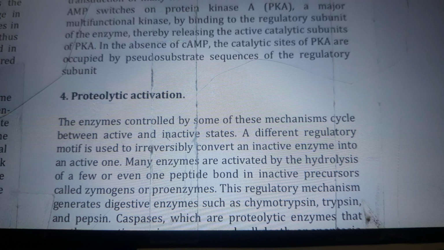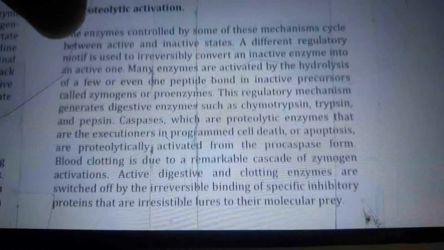Cyclic AMP switches on protein kinase A, PKA, a multifunctional kinase, by binding to the regulatory subunit of the enzyme. The active catalytic subunits of PKA are then released. In the absence of cAMP, the catalytic sites of PKA are occupied with pseudo-substrate sequences of the regulatory subunit.